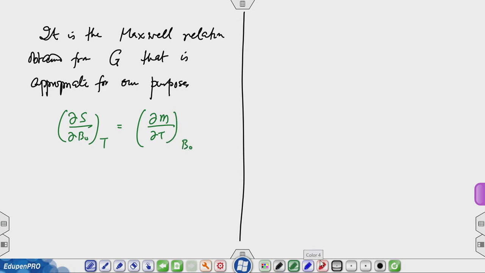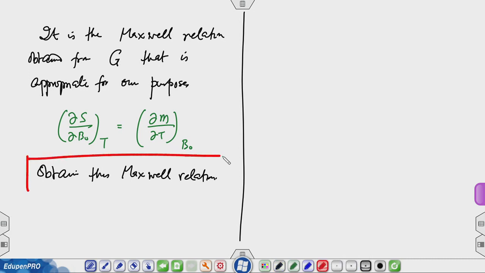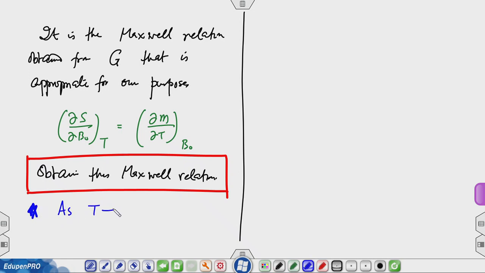Before I proceed further, let me give you this exercise. Obtain this Maxwell relation. Now, you see, as T tends to 0, the left hand side of the equation above also goes to 0. And let us calculate dM/dT.